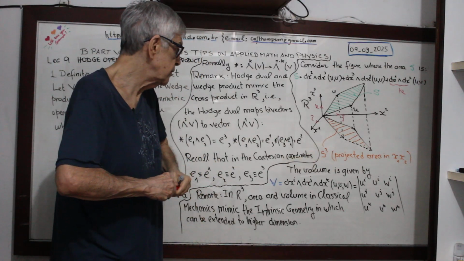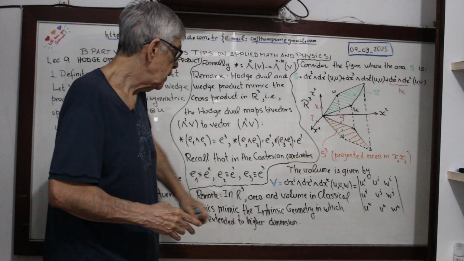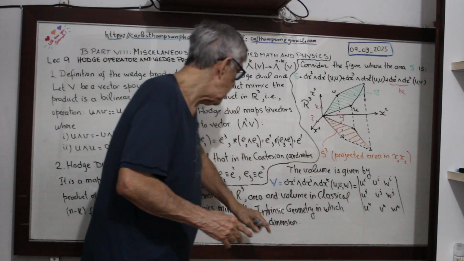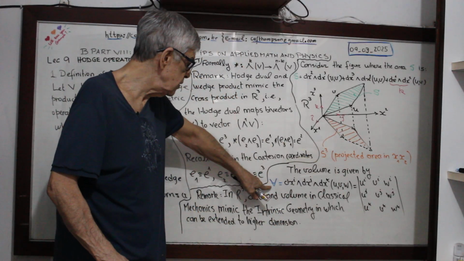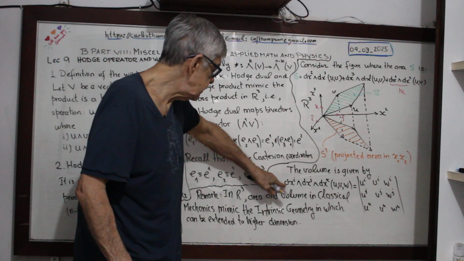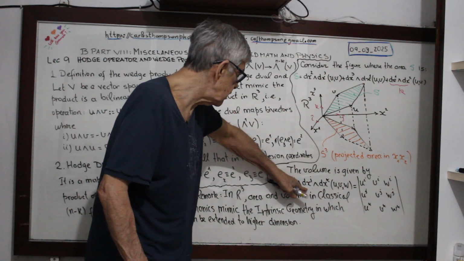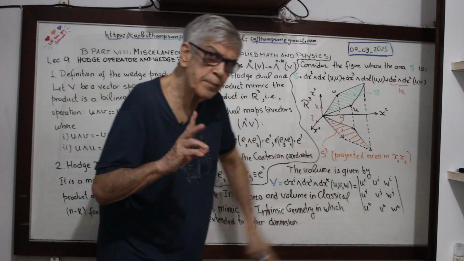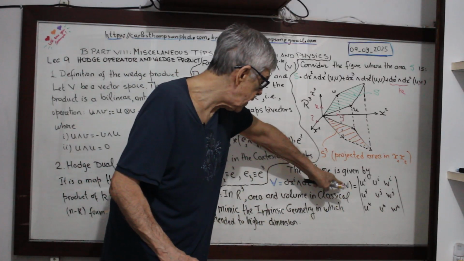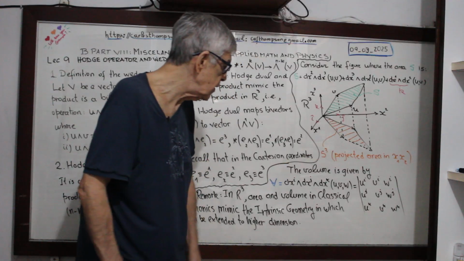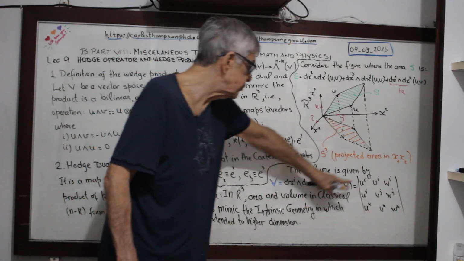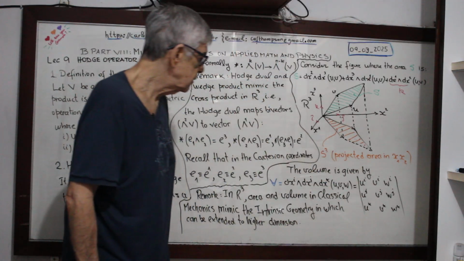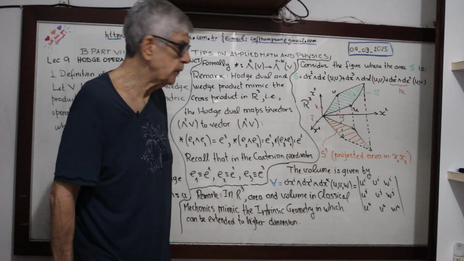Now, the volume V here is dxi wedge dxj wedge dxk, applied to u, v, and w. Here I have to apply to 3 vectors. This leads to a 3 by 3 determinant.